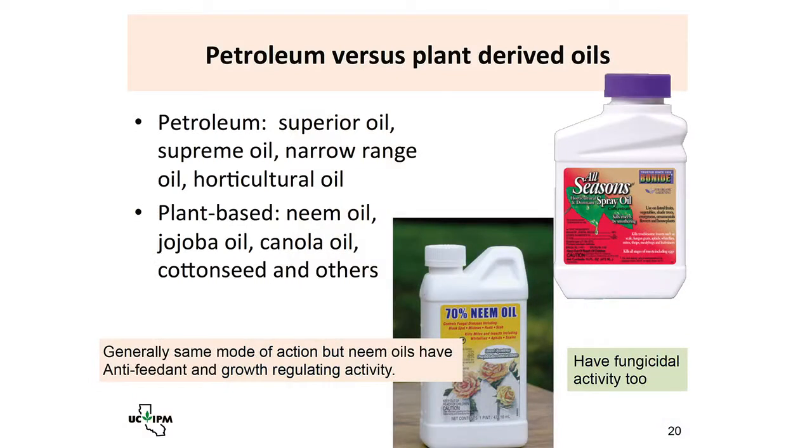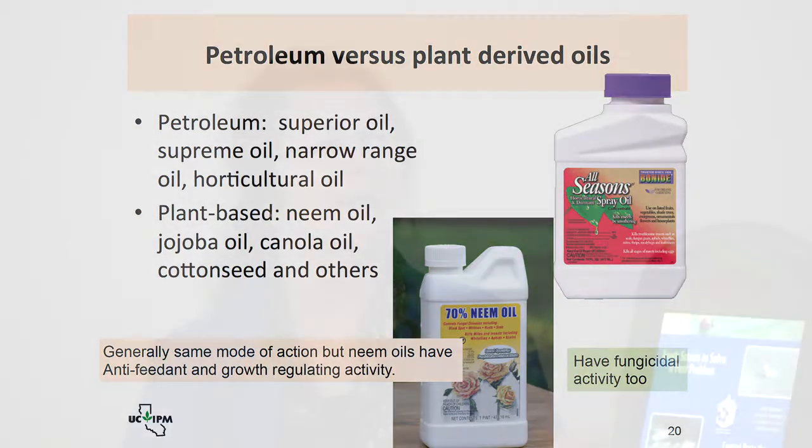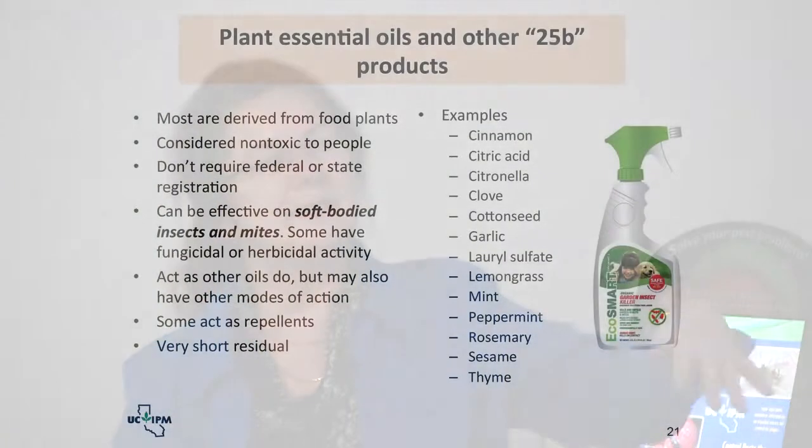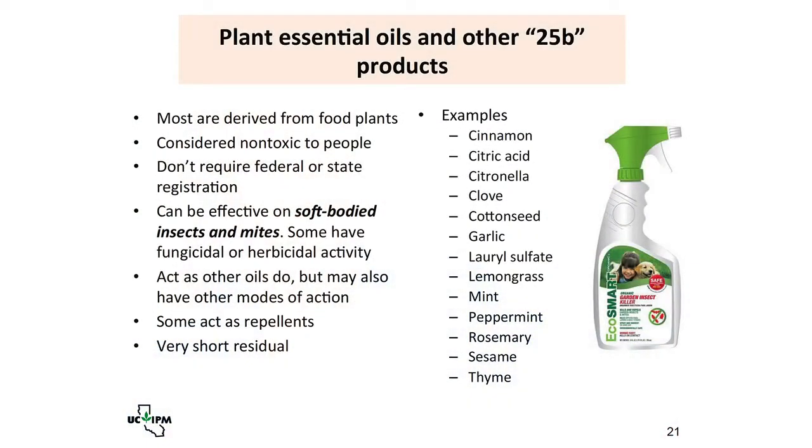And the plant-based oils are a little more expensive. The neem oil may have some anti-feedant qualities to it that may make it a little bit more effective than petroleum oil, but not that much. They're more expensive. This is a list of these 25B products, the exempt kind of products, giving examples of some of these food products that are in these things.